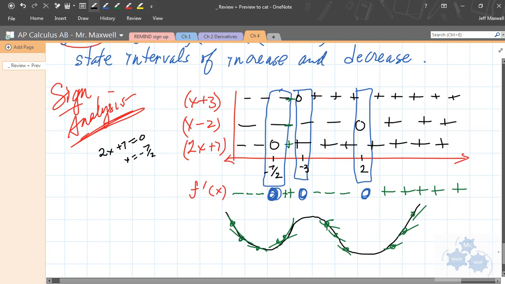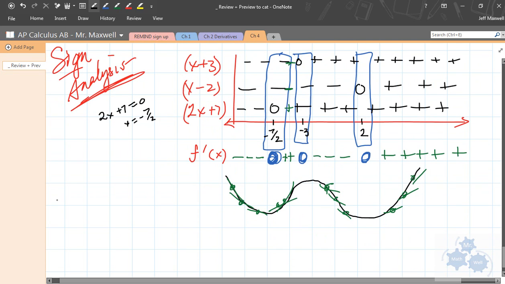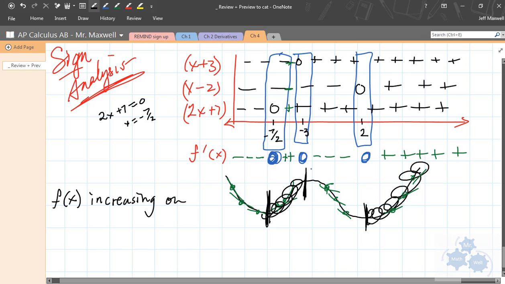So straight from the sign analysis, you could say the function, now remember this is the function, is increasing on, where are our intervals? Well, there to there, and here, I guess. So on this interval and this interval, which is between negative 7 over 2 and negative 3.